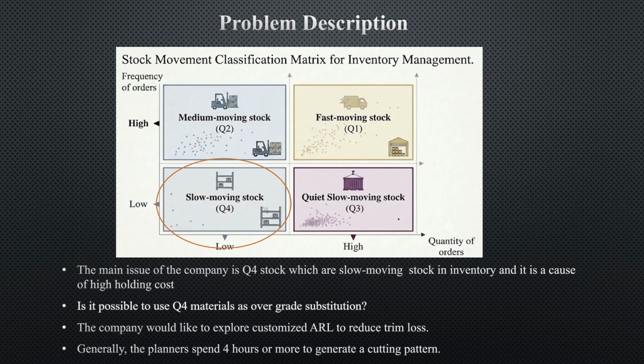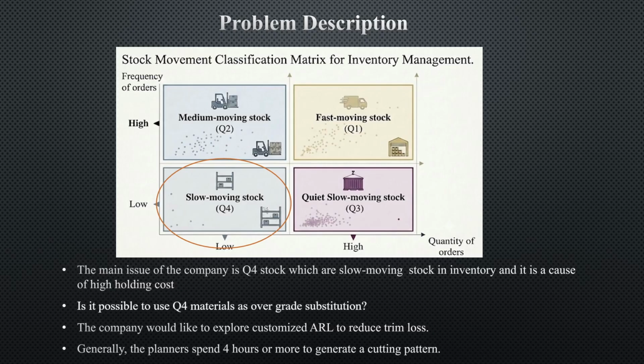To address this, the company aimed to utilize this slow-moving stock as an overgrade substitution to minimize total holding cost. Additionally, they are looking to explore customized stock roll length, SRL, to mitigate trim loss.